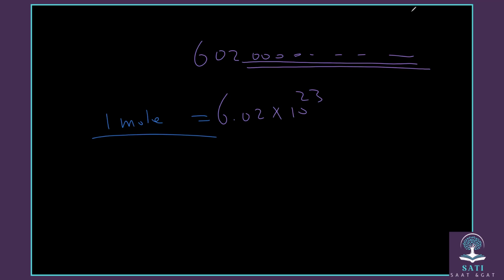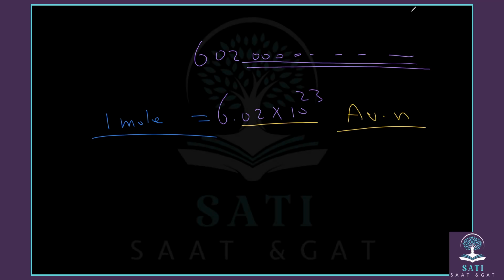In this case, we call them 1 mole. So 1 mole equals, this number is called what? Avogadro's number. So what is Avogadro's number? The number of atoms that is 6.02 times 10 to the power of 23.